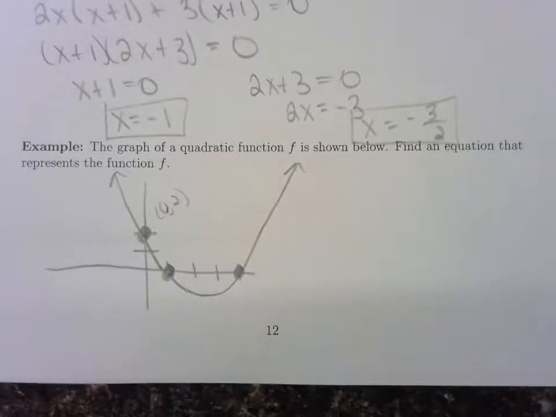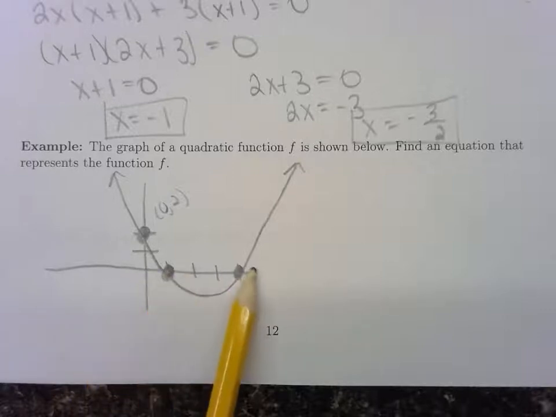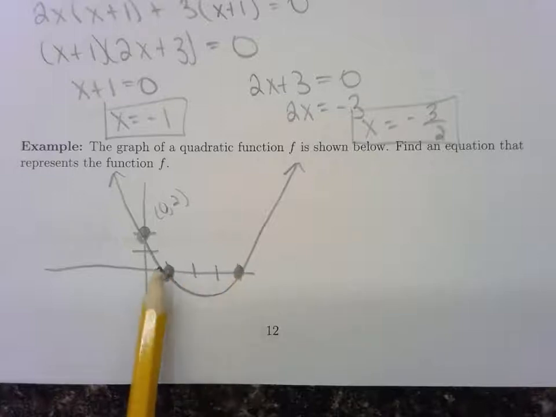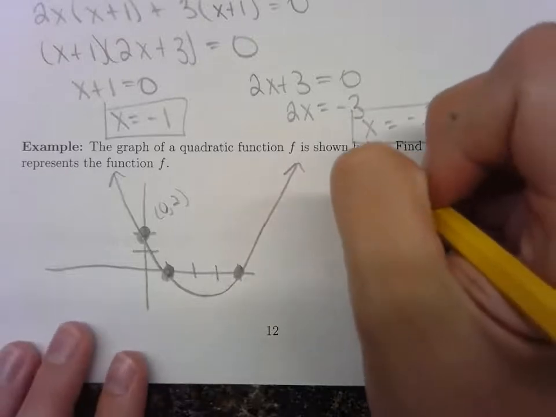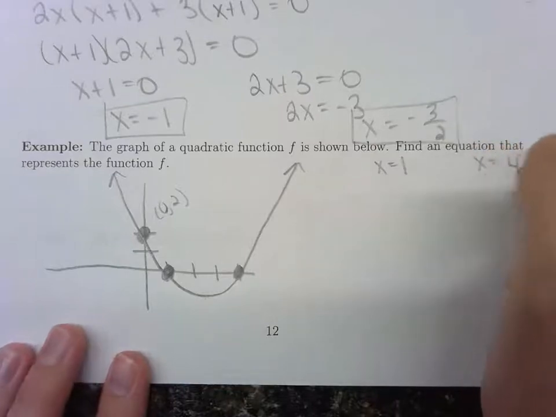So what we've done with given quadratic graphs so far is we've normally been given the vertex, which we clearly don't know. But we do have these 2 points. So those are the zeros of our function, or the zeros of our graph, which is actually what the factors will be. So we have that x equals 1, and we have that x equals 4.